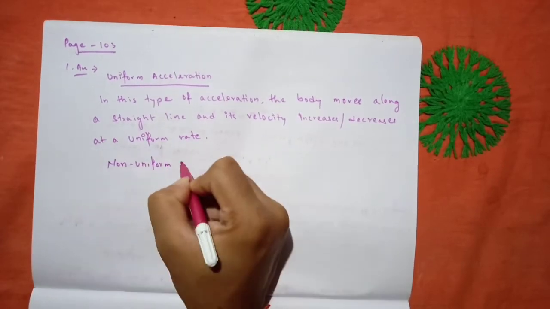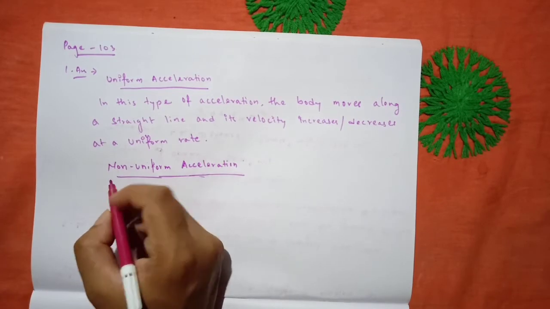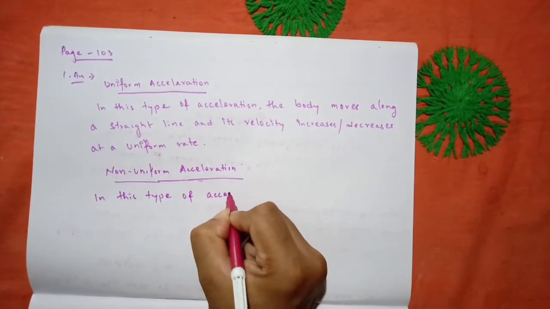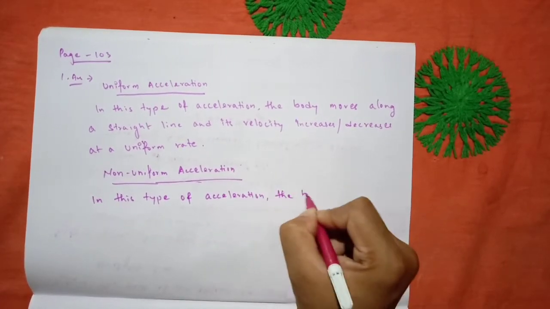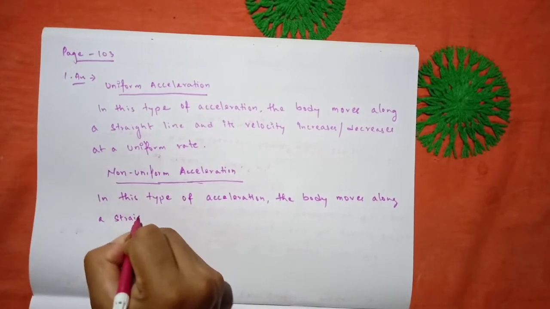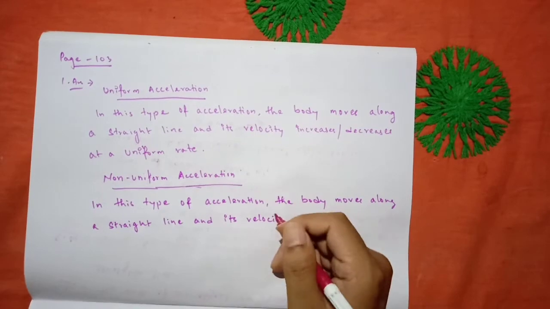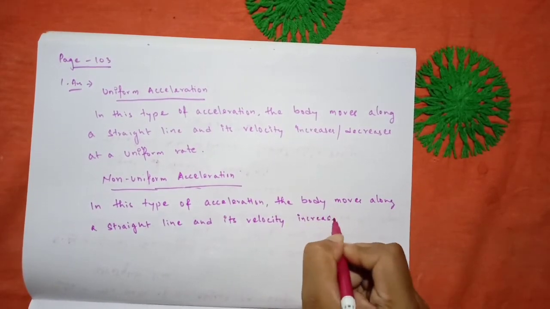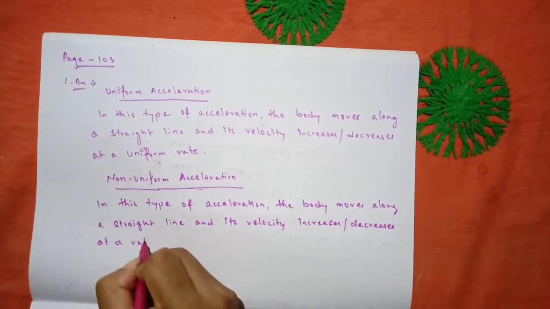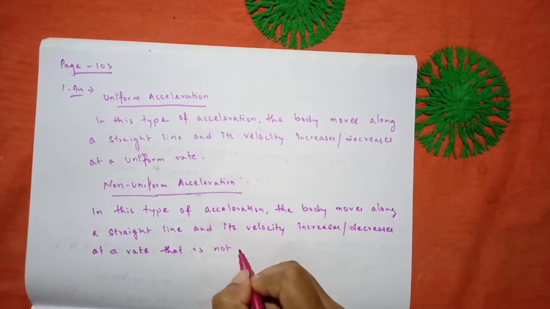non-uniform acceleration, in this type of acceleration, the body moves along a straight line and its velocity increases, otherwise decreases, at a rate that is not uniform.